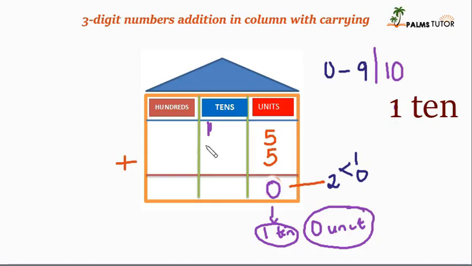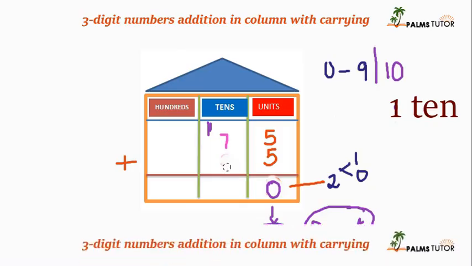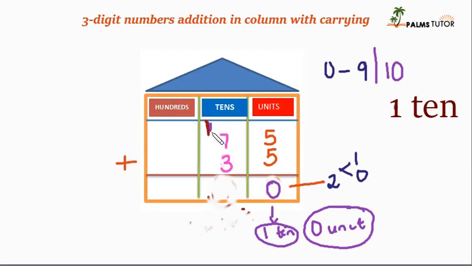Let's say the numbers here are 7 plus 3. We add them together. 1 plus 7 plus 3 gives us 11 tens.